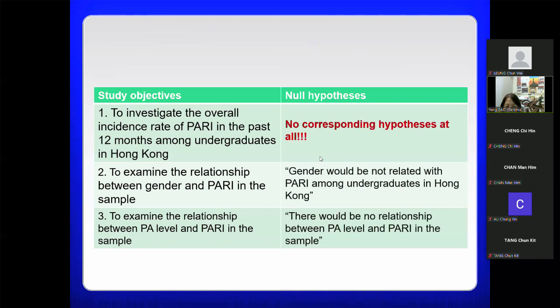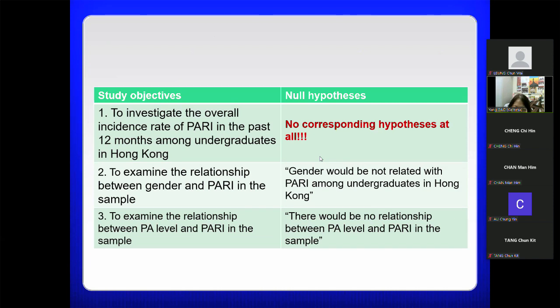However, the second one is to examine the relationship between gender and the injury. So the corresponding null hypothesis of this objective is: gender would not be related with the injury.